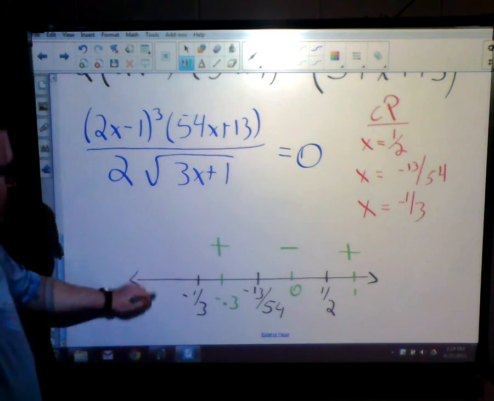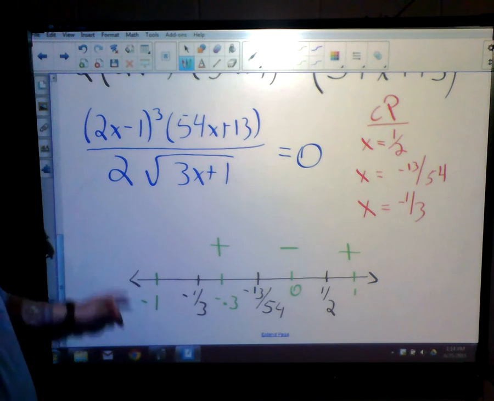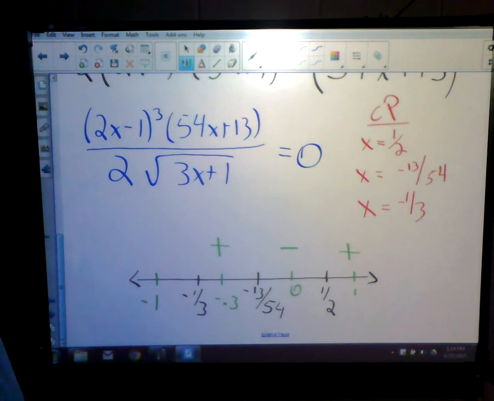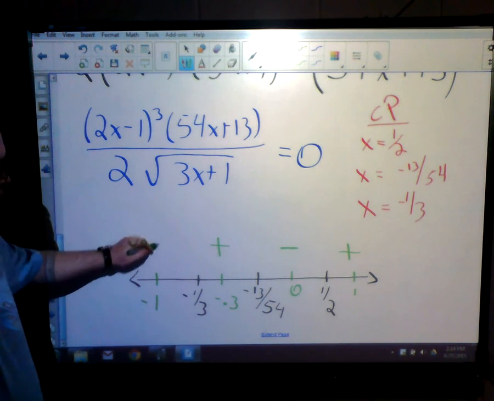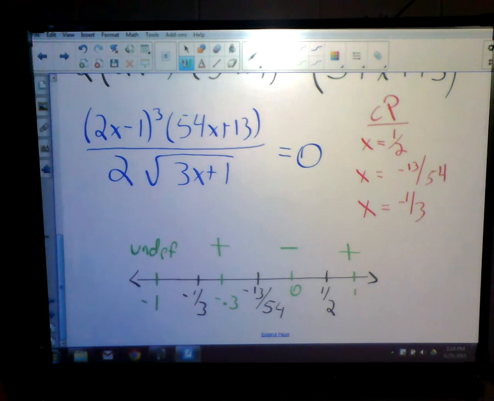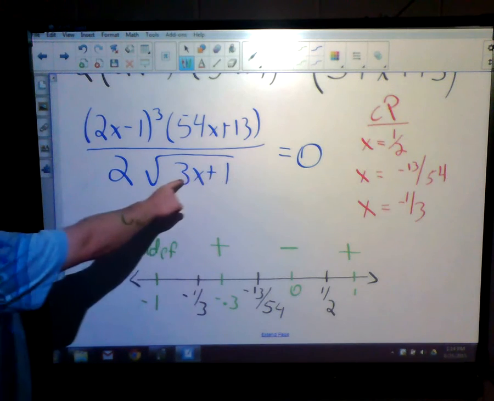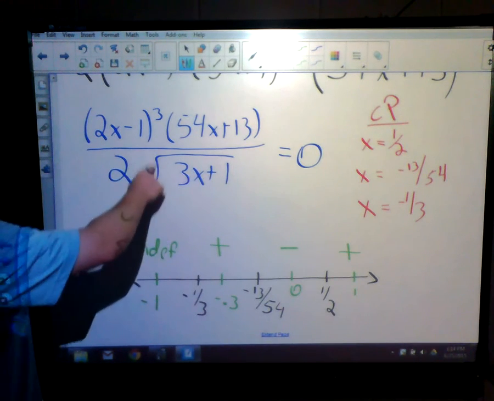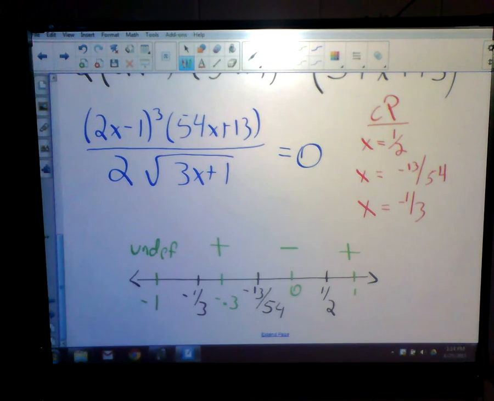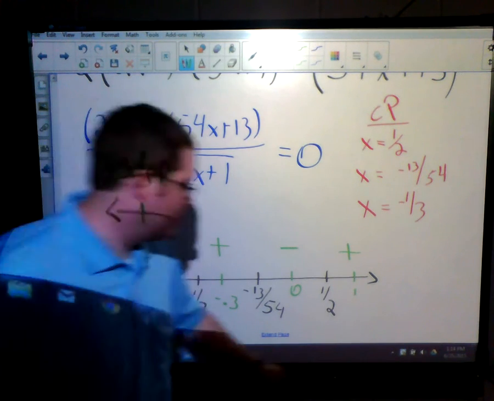Over here, this is an interesting one. I picked negative 1. But if you plug in negative 1, you get an undefined answer. Why is that? Well, if you plug negative 1 in here, you get negative 2. You have the square root of negative 2. That causes a problem. You can't take the square root of a negative number.